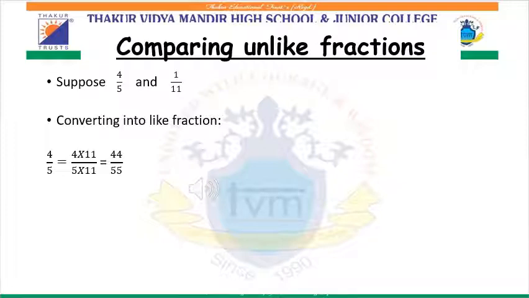So 4 into 11 upon 5 into 11. What I will get? 44 upon 55. So 1 upon 11, to make it into a like fraction, I have to multiply it by 5 upon 5. So 1 into 5 upon 11 into 5. So I will get 5 upon 55.